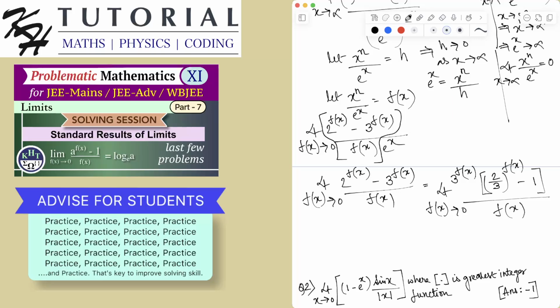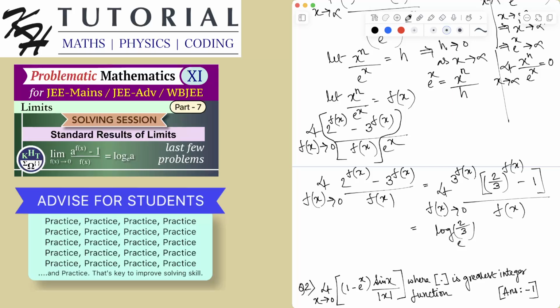When f(x) tends to 0, 3 to the power f(x) will be 1. So this is nothing but log of 2 by 3 to the base e, using the standard result that a to the power f(x) minus 1 divided by f(x), when f(x) tends to 0, is log of a. So this is a finite value.